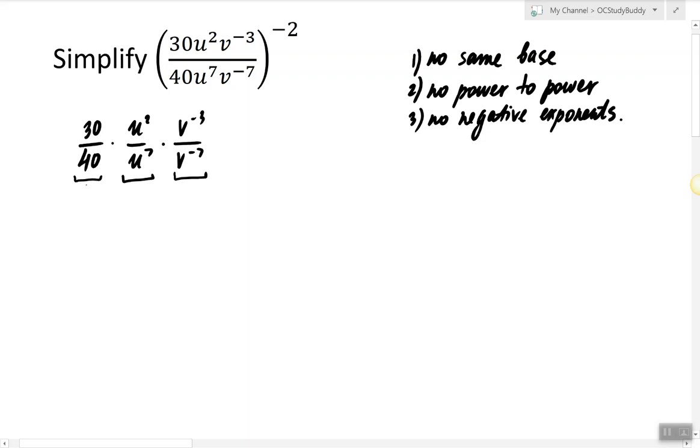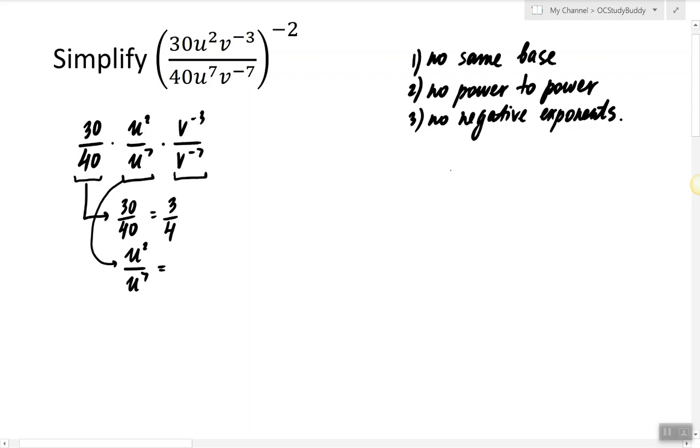So for example, 30 over 40 is the same as 3 over 4.